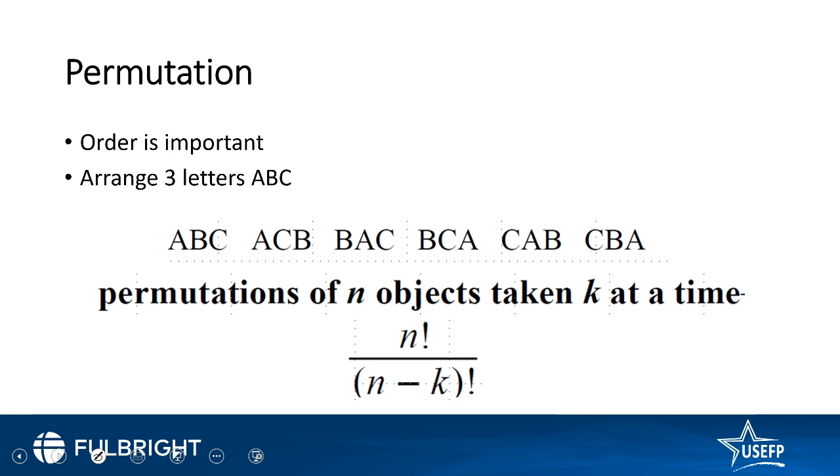Now coming to a slightly difficult topic, permutation. Permutation is arranging things. So in a permutation, order is important. An example of this is rearranging the three letters A, B, and C. A, B, and C can be listed in the ways that are shown in front of you.